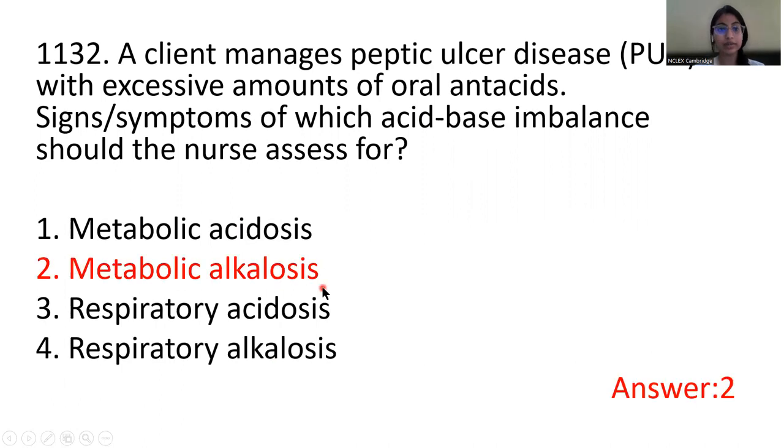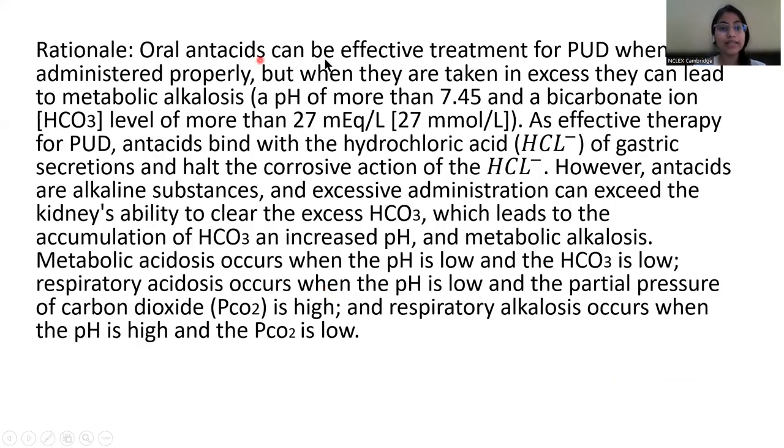Now let's see the rationale. Oral antacids can be an effective treatment for peptic ulcer disease when administered properly. But when they are taken in excess, they can lead to metabolic alkalosis, that is, a pH of more than 7.45 and a bicarbonate ion HCO3 level of more than 27 milliequivalents per liter.